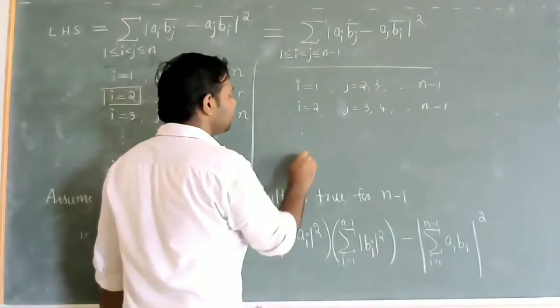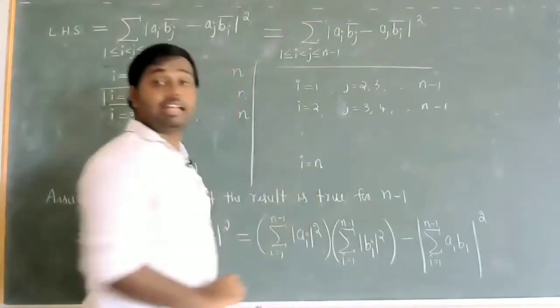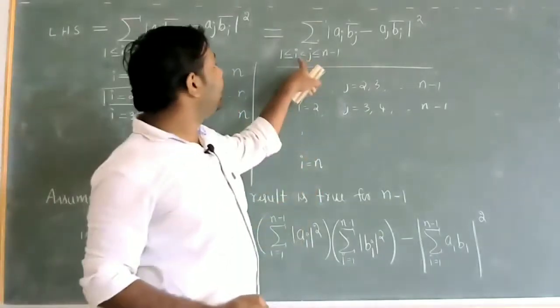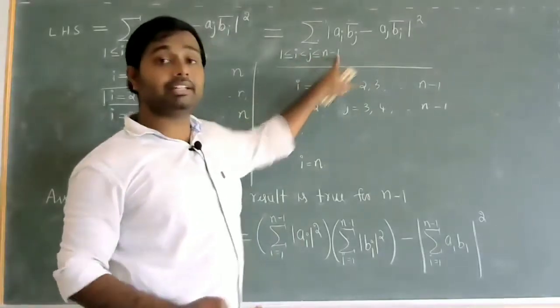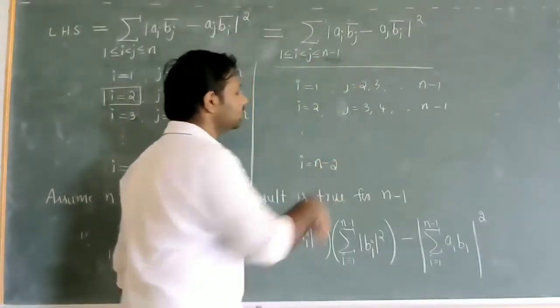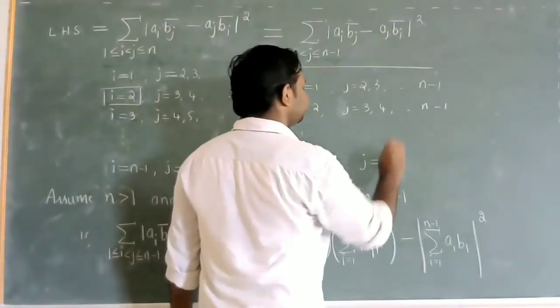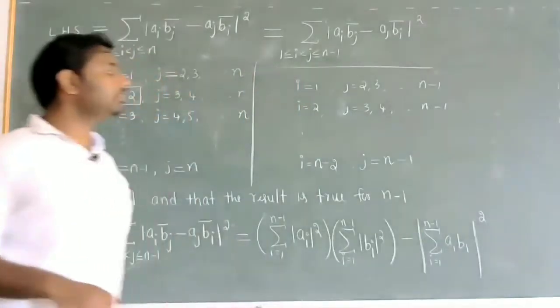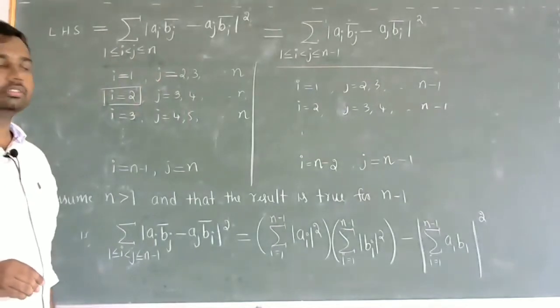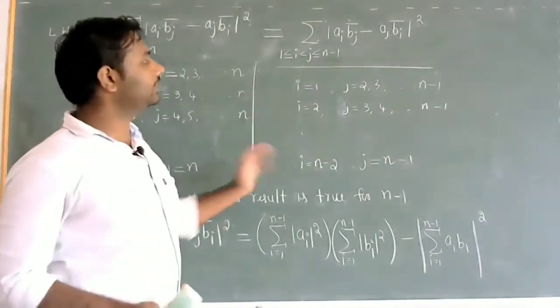Similarly, i has to be strictly less than n minus 1, so the maximum value is n minus 2 and j takes the maximum value n minus 1. Right? So these are the values I have considered.